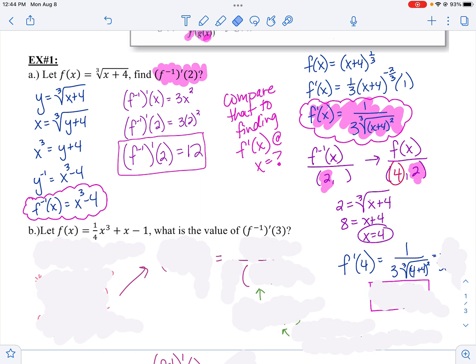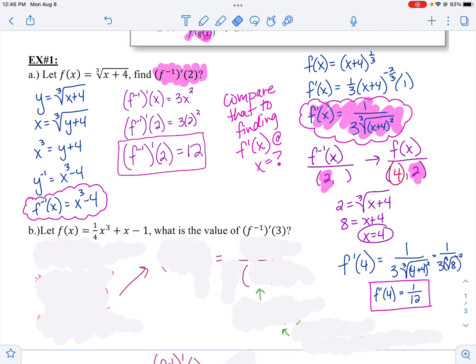I'm plugging in a 4 into my x value in my derivative. 4 plus 4 is 8. I now have the cube root of 8 squared. I can either do 8 squared and then find the cube root, or I can do the cube root of 8, which is 2, and then square it, which is 4. 4 times 3 is 12. I end up getting that the value of my derivative at 4 is 1/12.